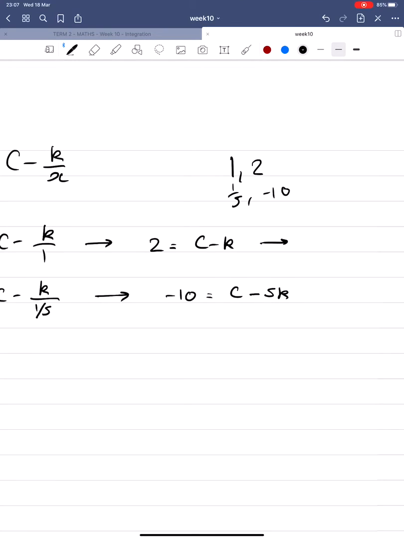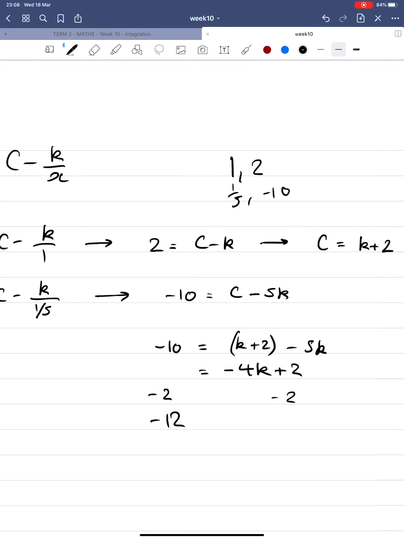From this equation, on the first one, I have that c is equal to k plus 2, which means the second one becomes minus 10 is equal to k plus 2 minus 5k, which is minus 4k plus 2. I'm going to subtract 2 from both sides.